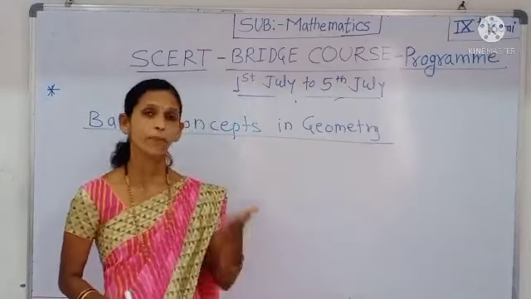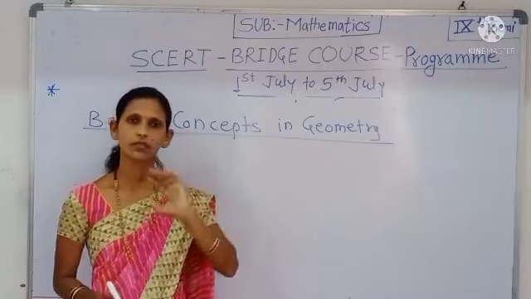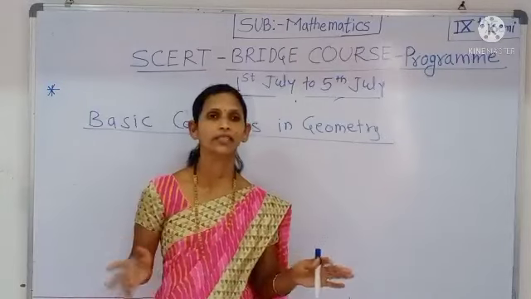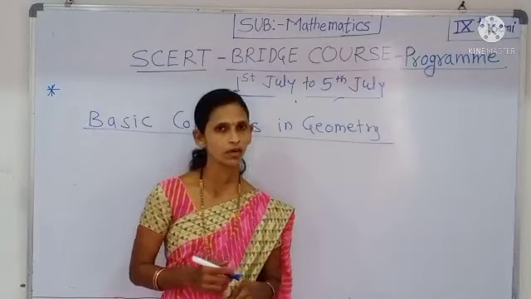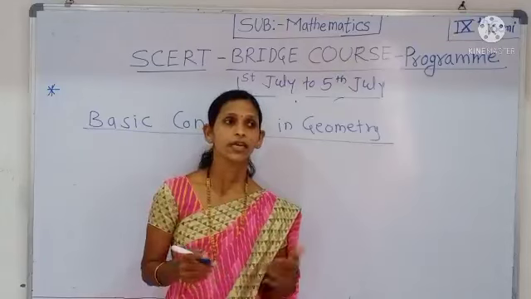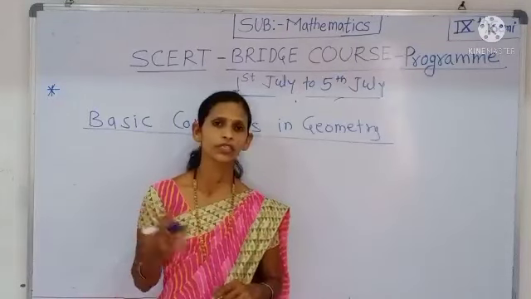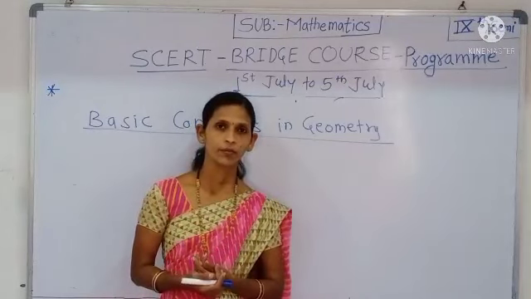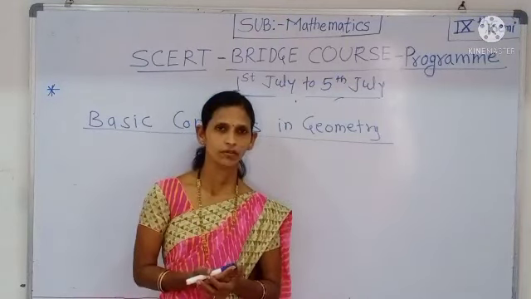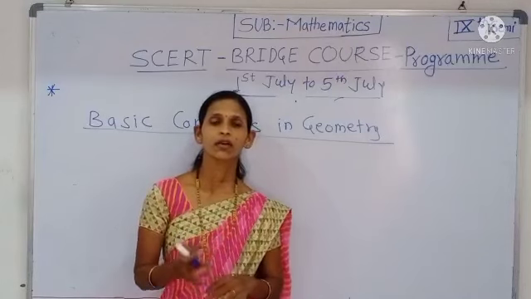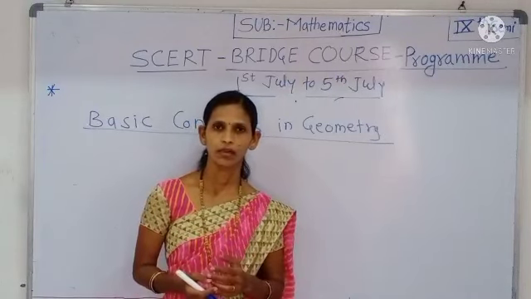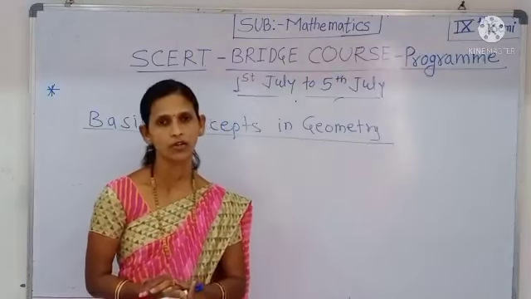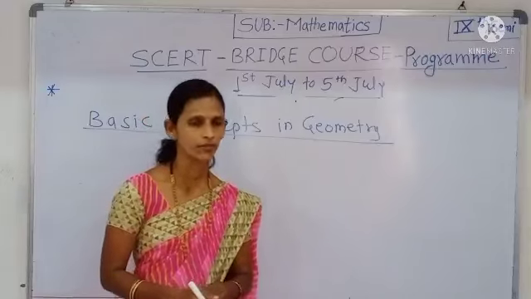Here a paper is a two-dimensional object, and pen, table, desk are three-dimensional objects. There are objects having different shapes, that is triangular shape, square shaped, rhombus shaped, kite shaped, circle shaped or spherical, oval shaped, etc. These are the geometrical figures which we face in everyday life.